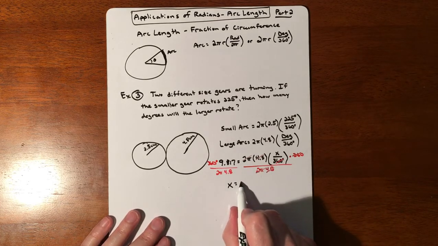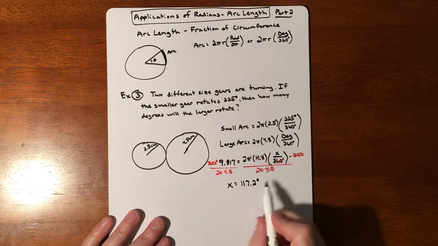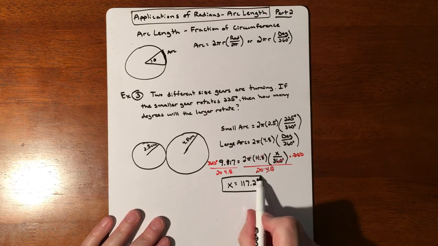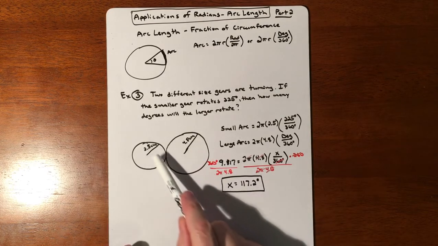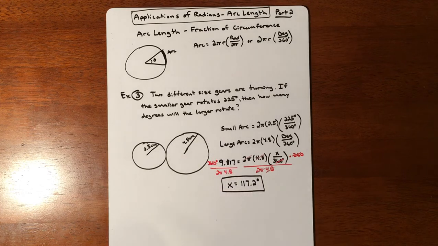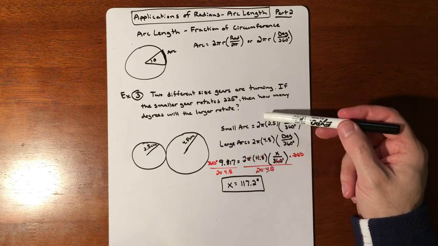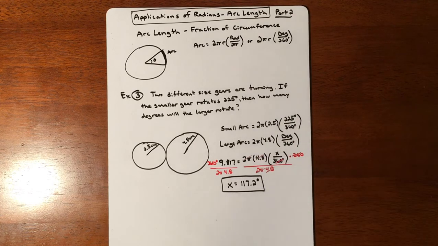But it's going to be roughly 117.2 degrees. And that is if gears are turning and one is smaller than the other and it turns a certain degree, you're trying to figure out the other degree. And again, going back, it was us setting the arcs equal to each other and solving for what's missing. All right, so that was part two of arc lengths.